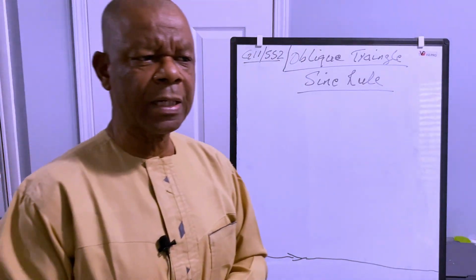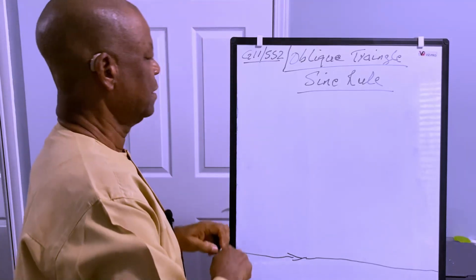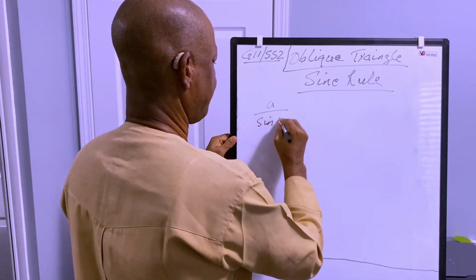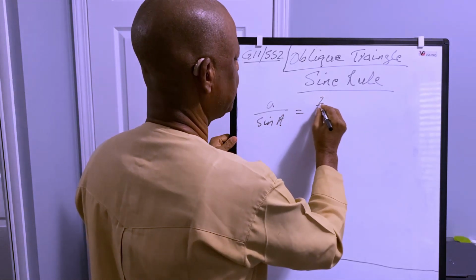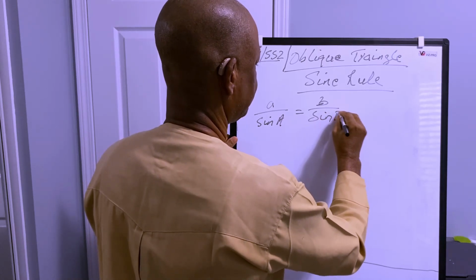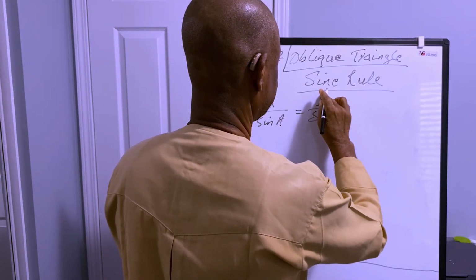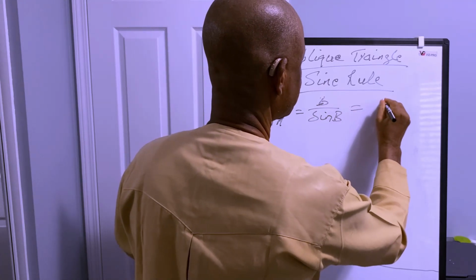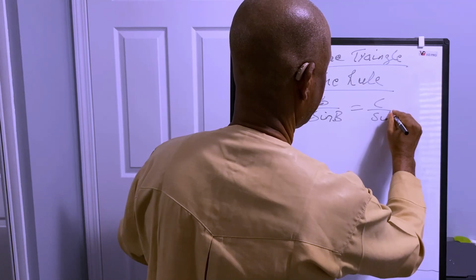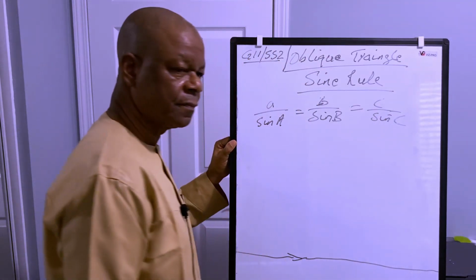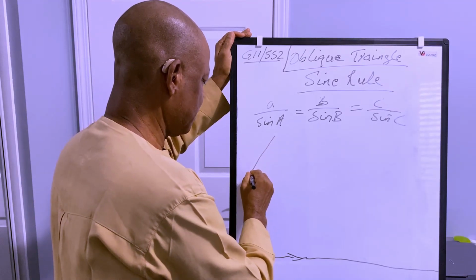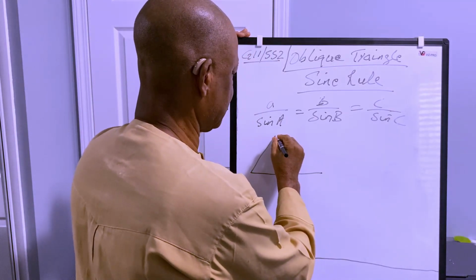The formula for the sine rule says that a over sine A equals b over sine B, which equals c over sine C. This is derived from a non-right angle triangle, as we are saying.